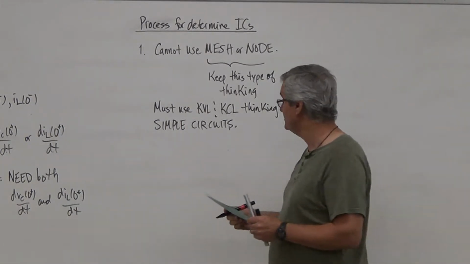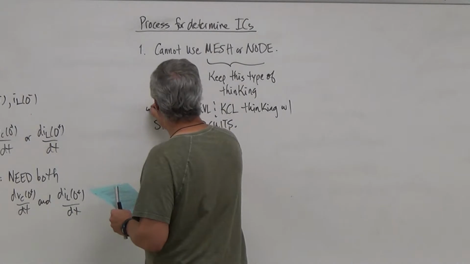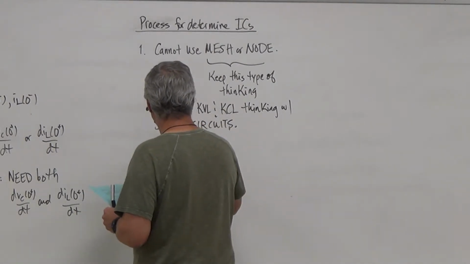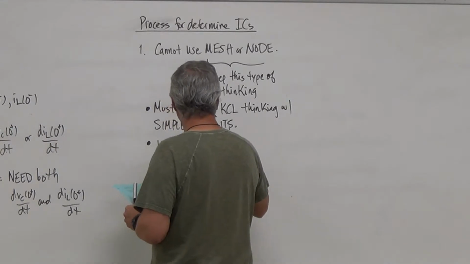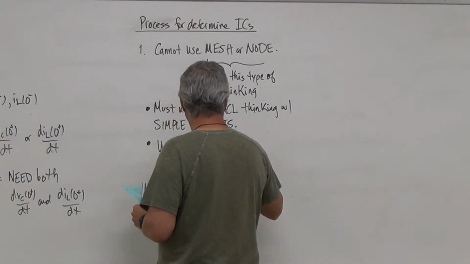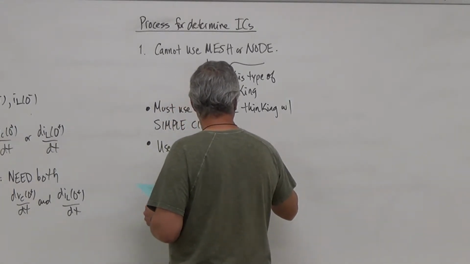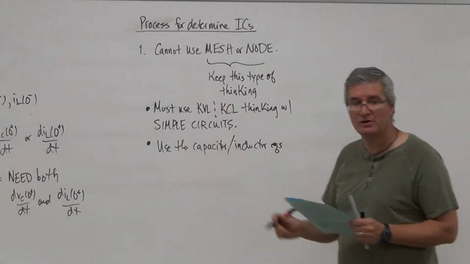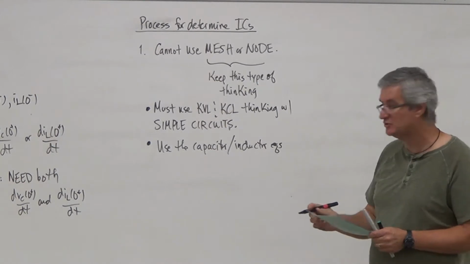And you're going to find that when you do that, you also have to use the capacitor and inductor equations. So you're going to have to convert a lot of the time what's going on.